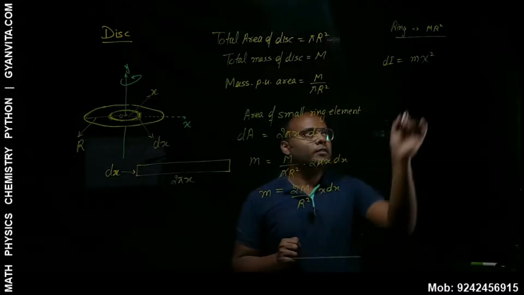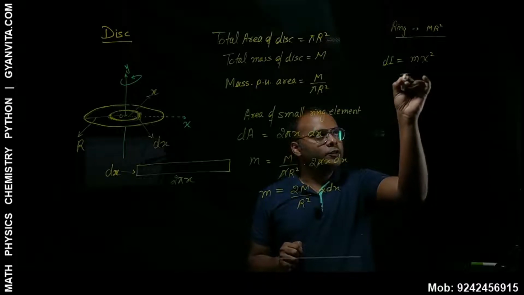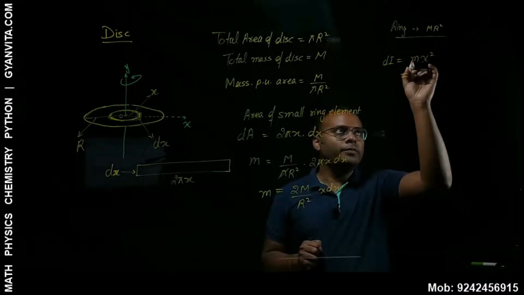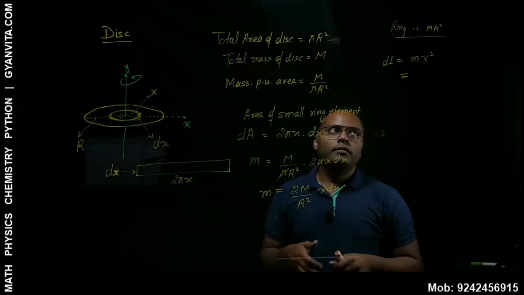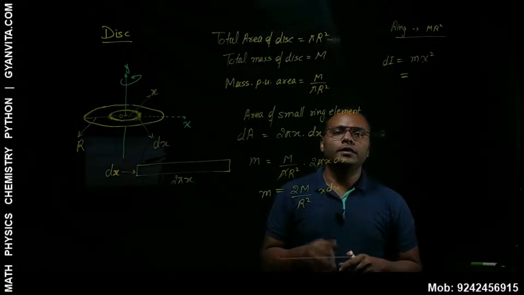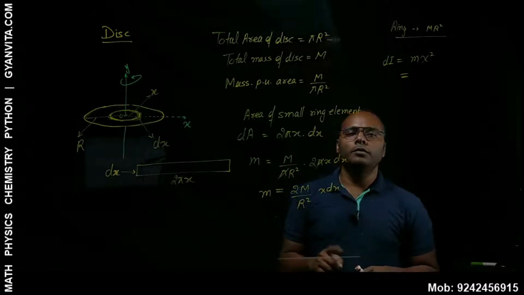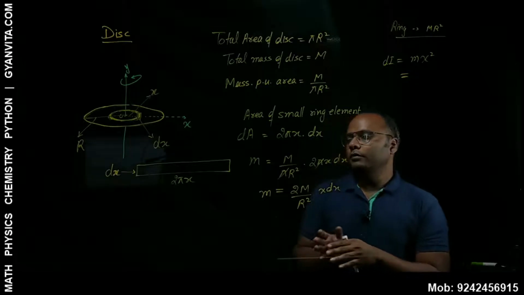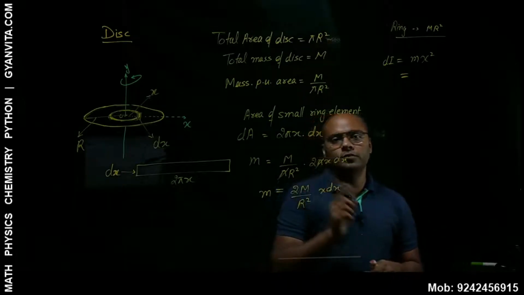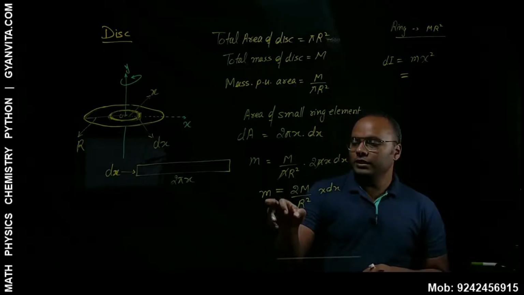But before that, as you can see here, mass is also variable, x is also variable, and there are two variables. So now try to write them in terms of only one variable, because then only we will be able to integrate, right? We know integration right now only in terms of one variable. Mass is actually in terms of x.